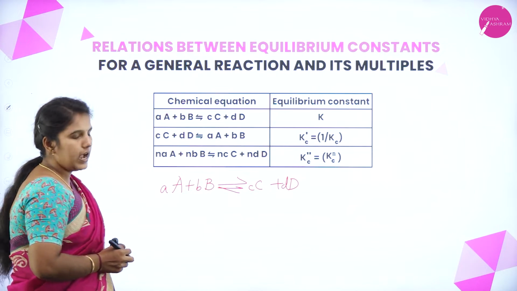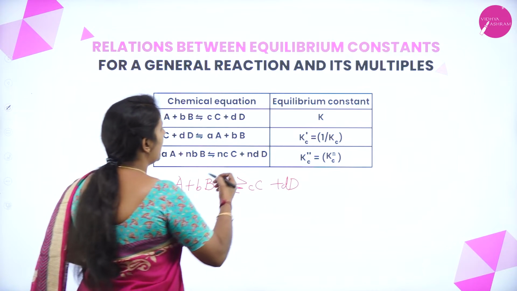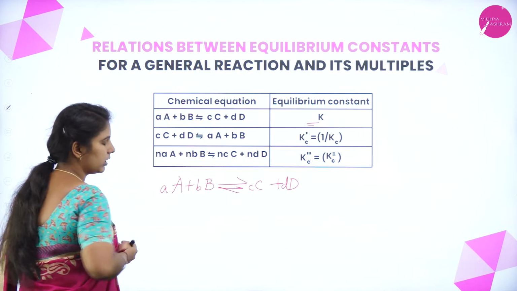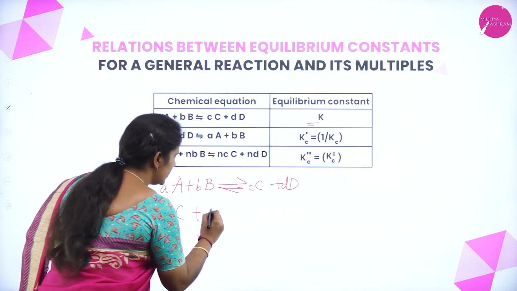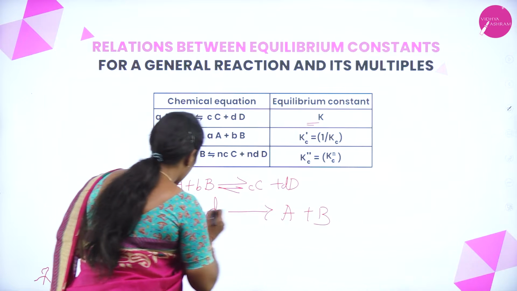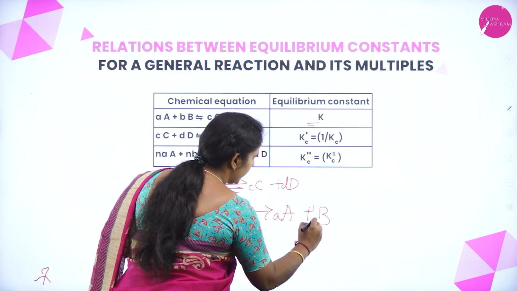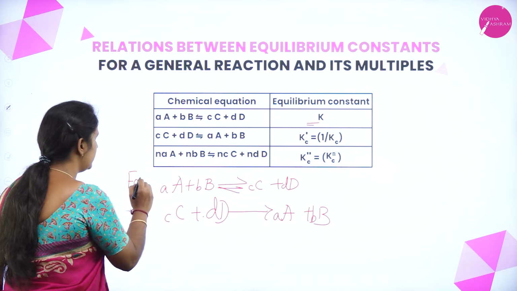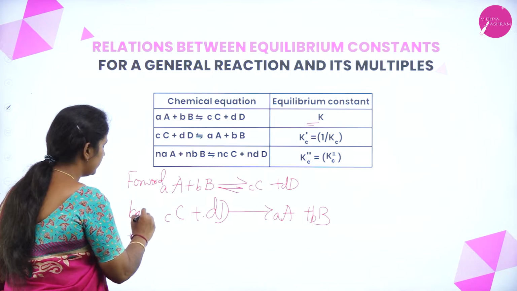Now for this reaction we know that the equilibrium constant will be represented as K. Suppose the reaction is coming from the backward direction, that is C plus D giving A plus B. Again these are the reaction coefficients. So my first reaction is the forward reaction. This is the backward.